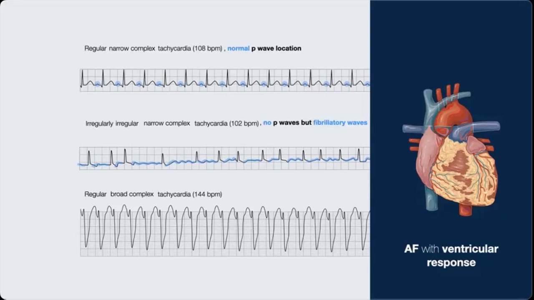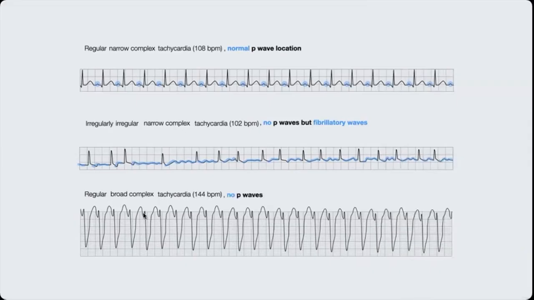In atrial fibrillation, the disorganized electrical activity doesn't depolarize the atria that well, and instead the atria quiver. So this is a more accurate representation, this quivering of the blue dot here, with some electrical activity being sent off to the ventricles, causing a ventricular response. So that's atrial fibrillation, and in this case, it's a fast atrial fibrillation, so atrial fibrillation with a rapid ventricular response.